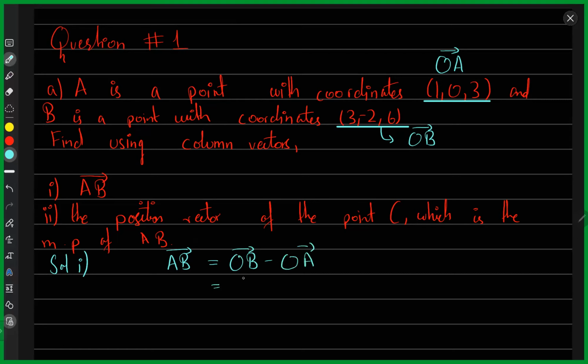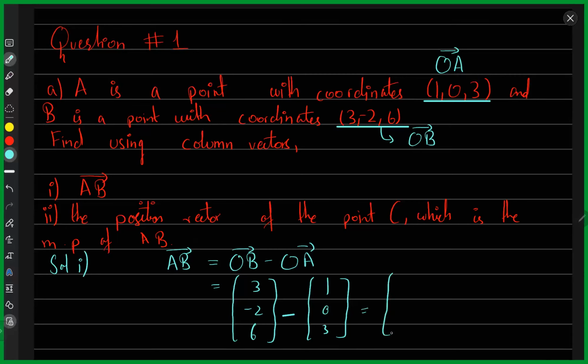So AB was with these coordinates 3, -2, and 6, and then minus sign. And then OA was with the coordinates 1, 0, and 3.